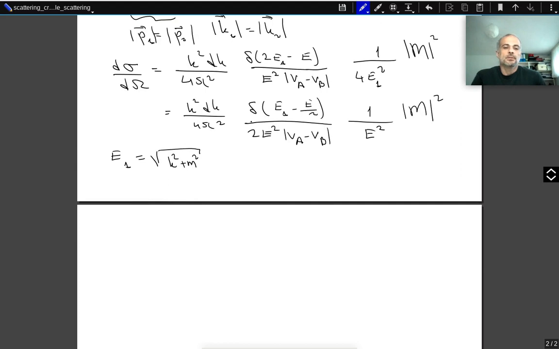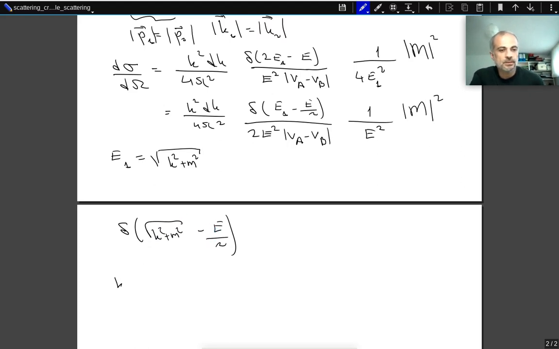So let's simplify it further. So here we have Dirac delta E1, which is the square root of k squared plus m squared minus E over 2. So let's first identify what makes the argument of the Dirac delta 0.